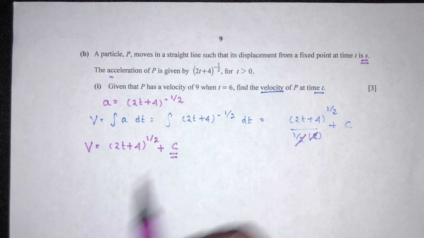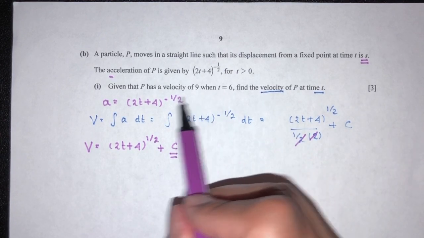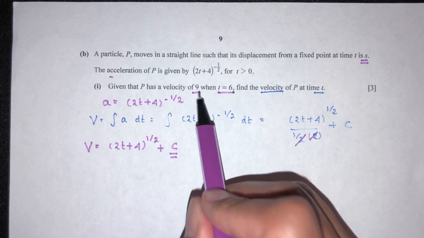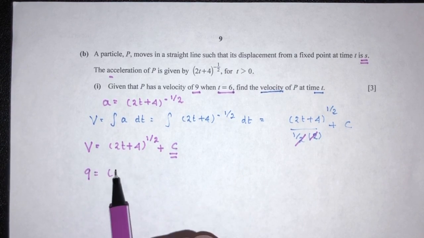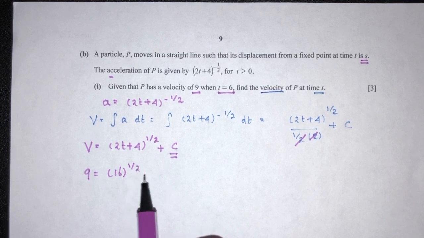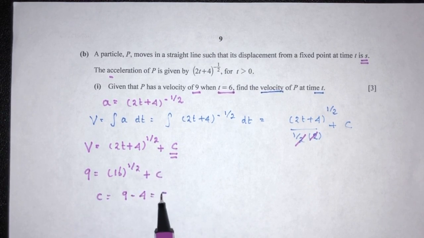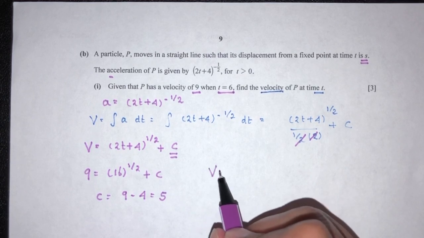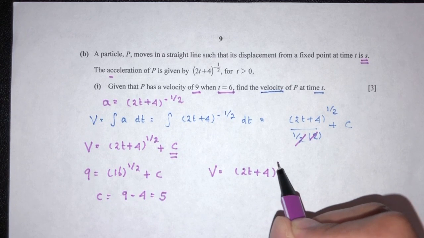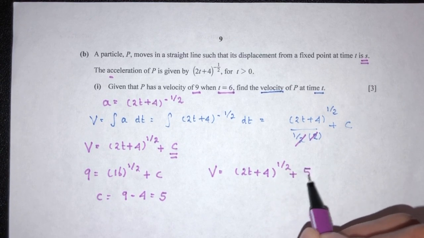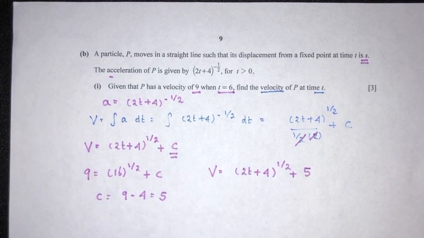Now let's find the value of c. We know when t is 6, v is 9. 2 times 6 is 12 plus 4 is 16, 16 to the power half is 4, plus c. So c will be 9 minus 4, which is 5. So finally, v will be (2t plus 4) to the power half plus 5. This is your value of v at time t.